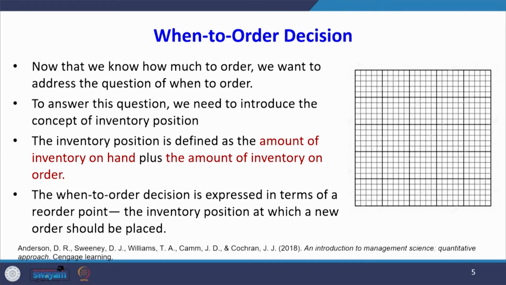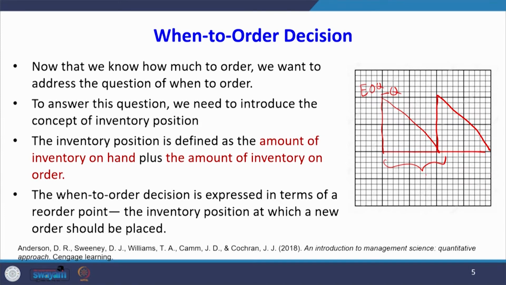Now, we are going to find out the when-to-order decision. As I told you in the previous class, assume that this is an inventory cycle. We have got the value of EOQ, that is the Q value. Now, we should know when to order.